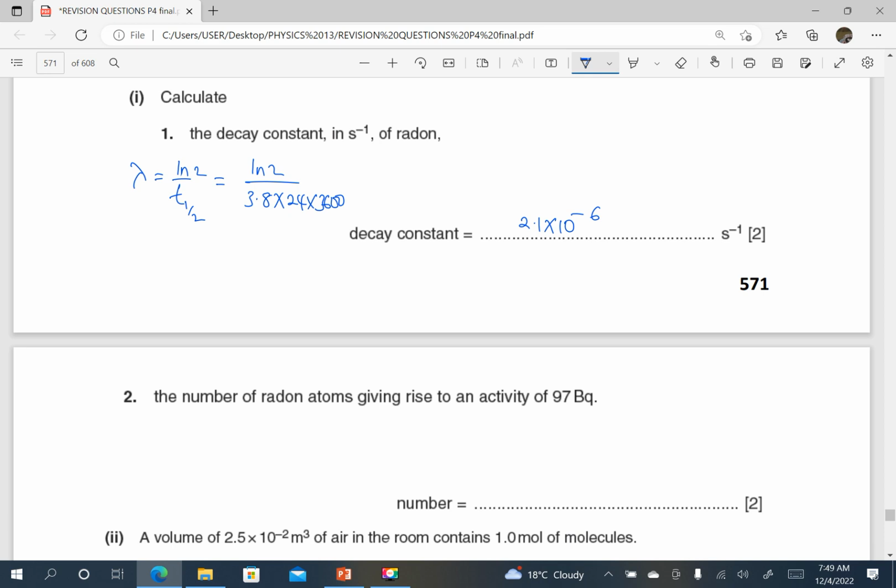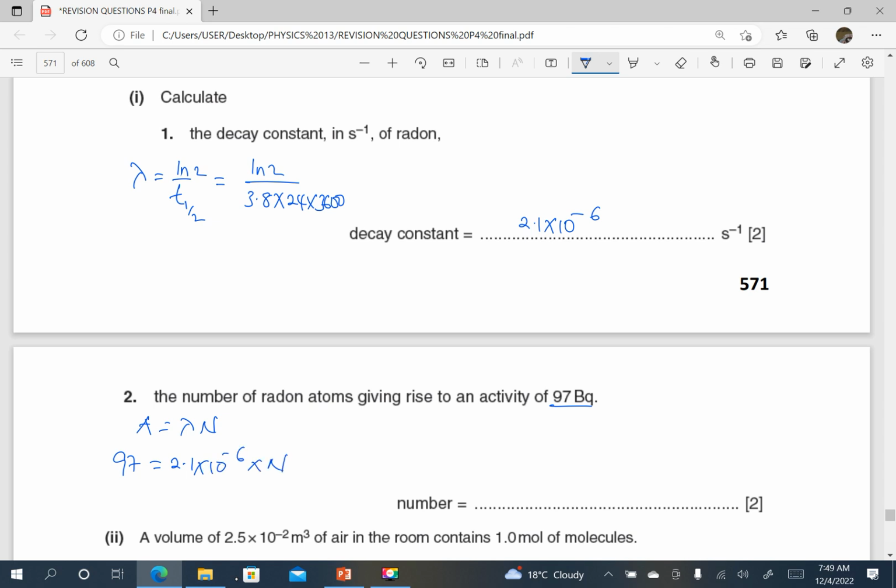The number of radon atoms are giving rise to an activity of 97 becquerels. Okay, so we know that activity is equal to the decay constant times the number of nuclei. So the activity is 97, decay constant is 2.1 times 10 power negative 6, then times n.